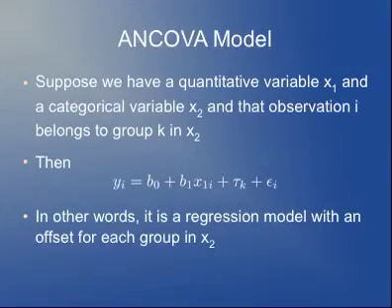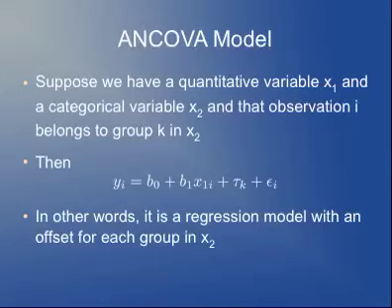An analysis of covariance model is, say that you have a quantitative variable that we'll call x1, a categorical variable x2, and that observation i belongs to group k in x2.